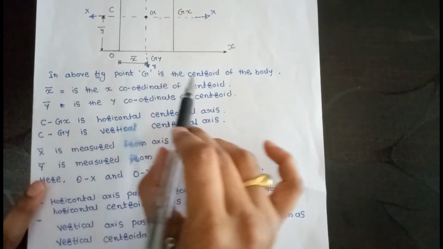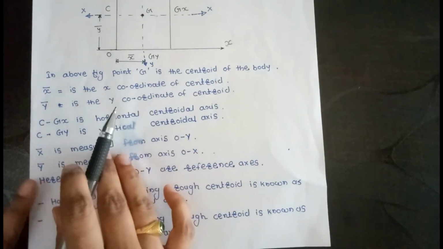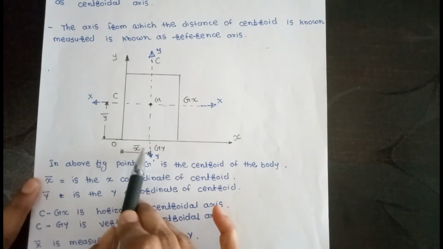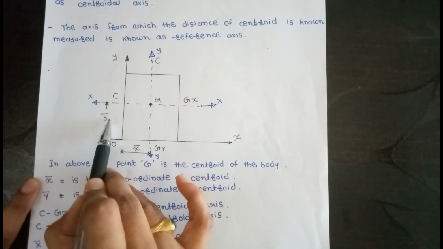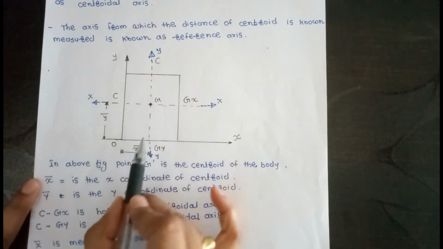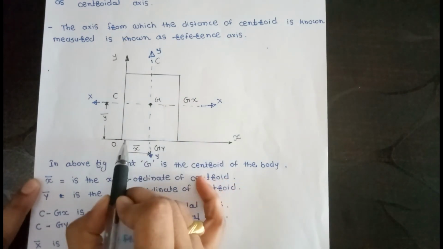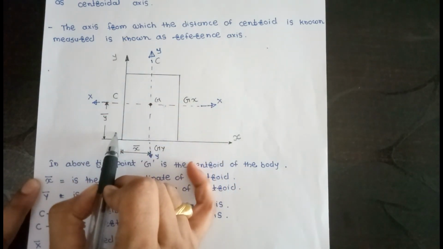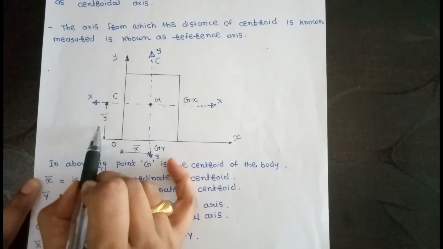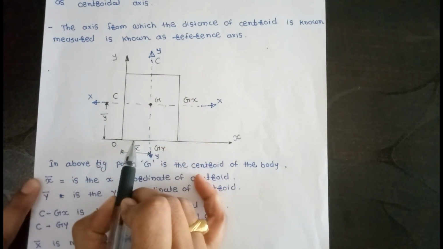In the above figure, point G is the centroid of the body. X bar is the x coordinate of centroid and y bar is the y coordinate of centroid. Please listen carefully. X bar means the distance of centroid, the distance of CGY from the reference y axis base, is known as x bar, and y bar means the distance of centroid from the x axis base.